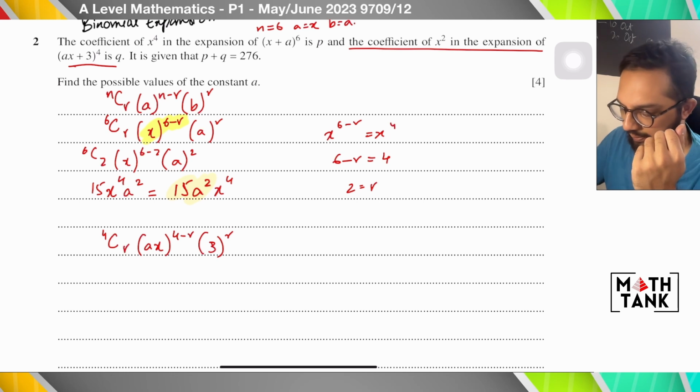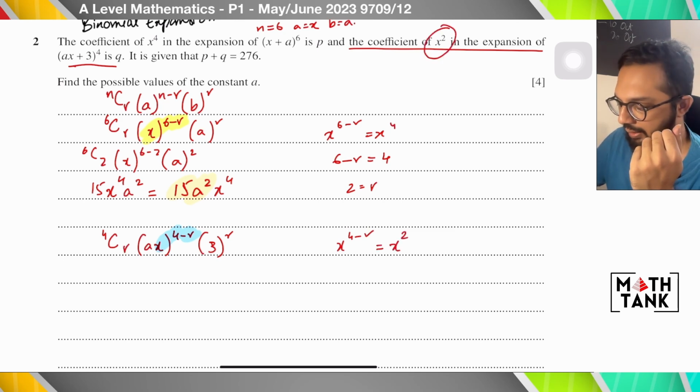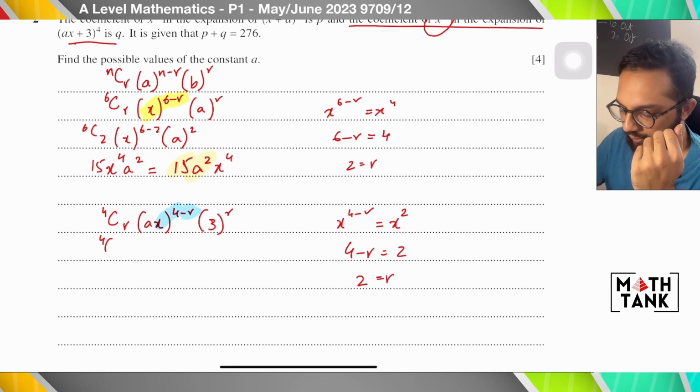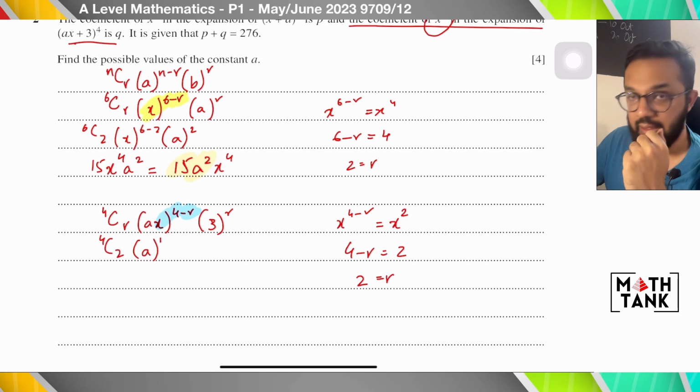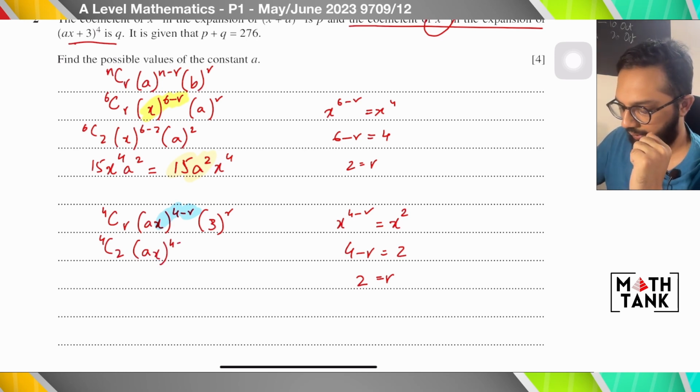Again, I have the powers. x has the power 4 minus r. So x power 4 minus r should equal the term in x squared. So 4 minus r equals 2, r equals 2 again. So 4C2, a power 2, x power 4 minus 2, 3 power 2.